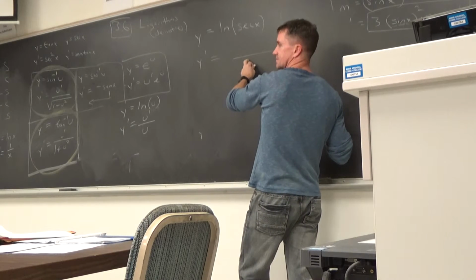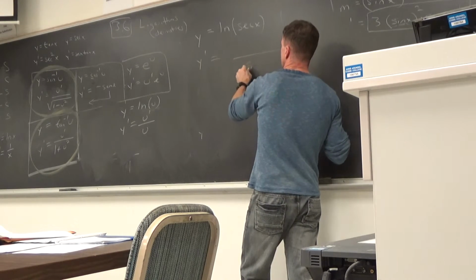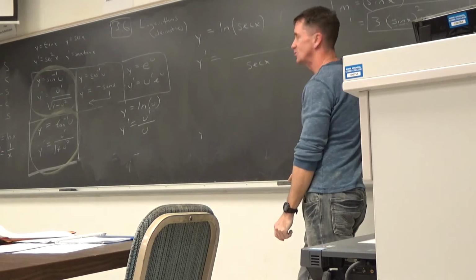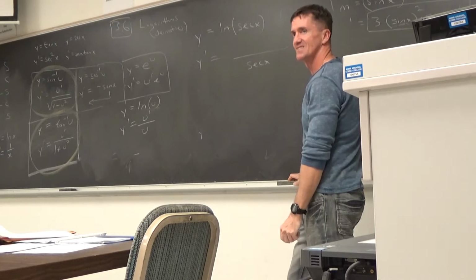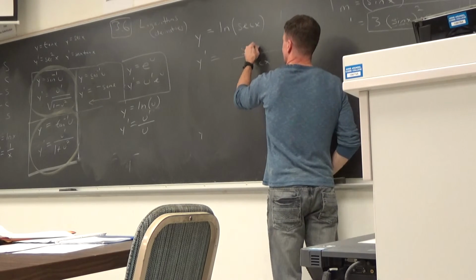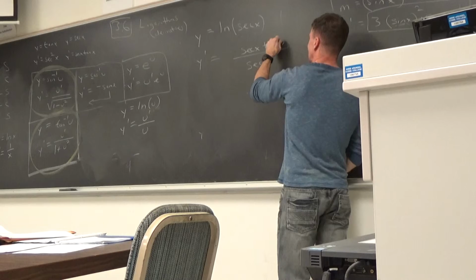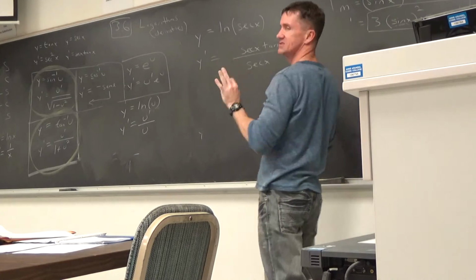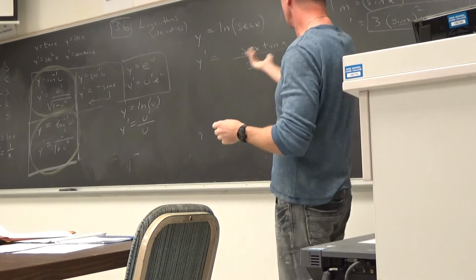All right, what's this here? Secant x. What's the derivative of secant of x? Secant of x tangent x. Anybody see anything? Yeah, you can cancel out. I love it. That's what I'm talking about. I love when you don't stop, you look at it and say, well, heck, the secants cancel.